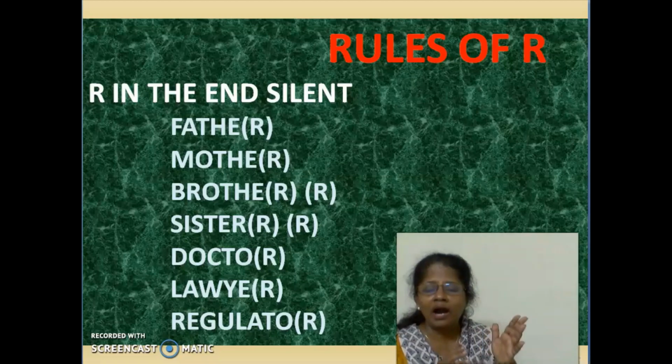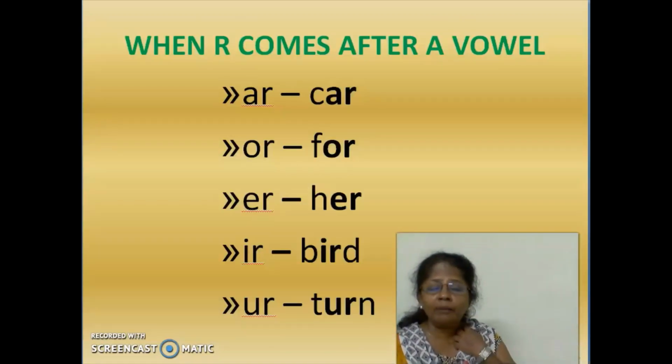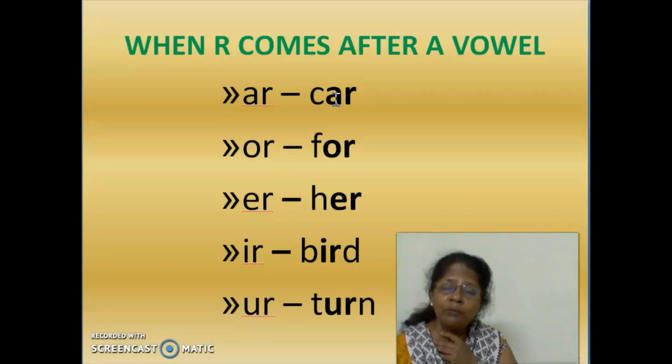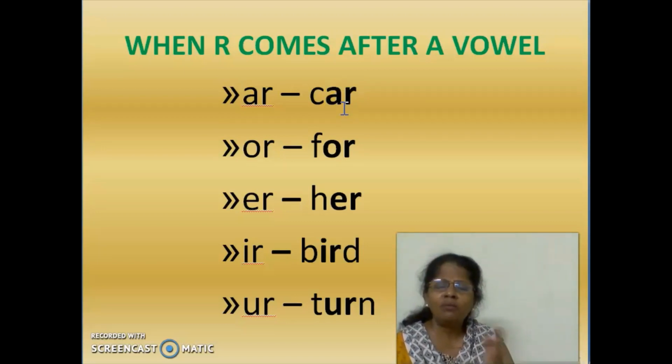And when you have an R in the beginning of the word, you pronounce it R. And when you have it in the middle of the word, if it comes next to a vowel, a, e, i, o, u, whenever R comes immediately after a vowel, it almost takes the sound of the vowel itself.